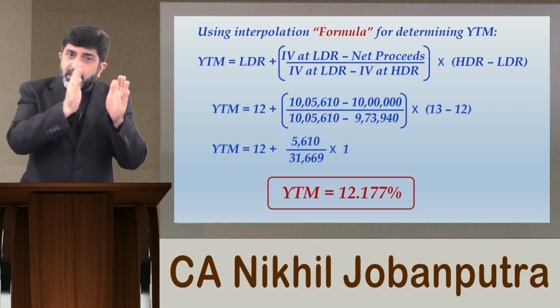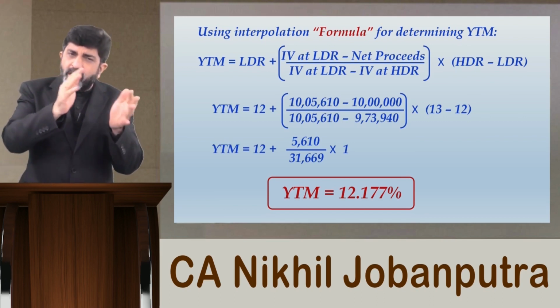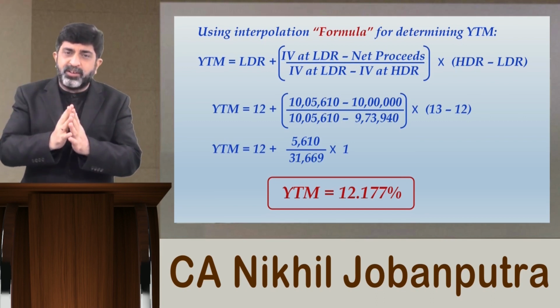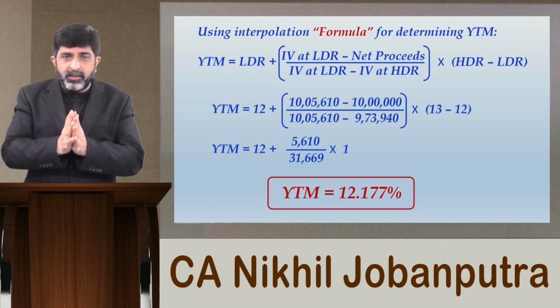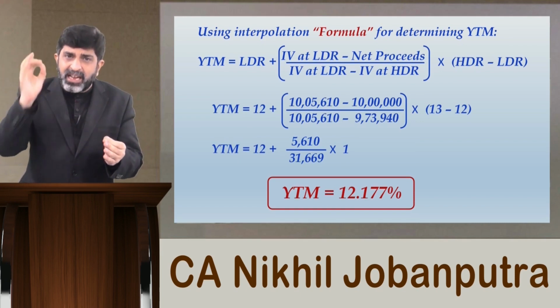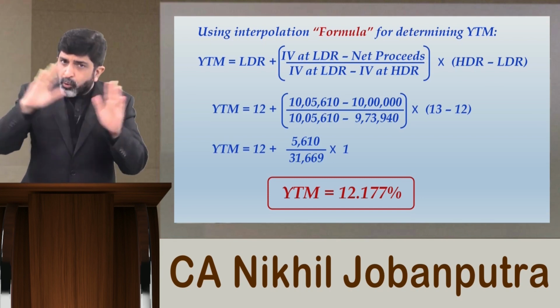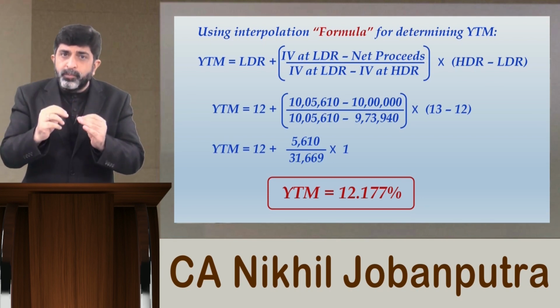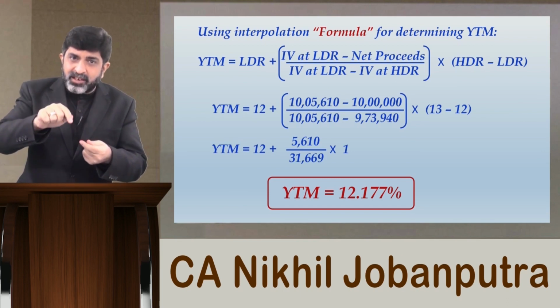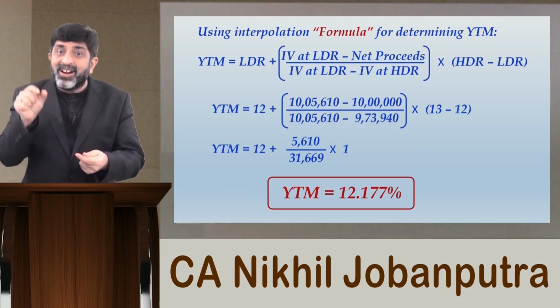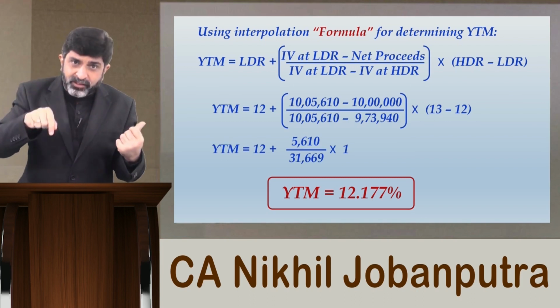Catch that calculation and you should get a hint that YTM will be near around 11.82%. However, it could be between 11 and 12%, or it could be between 12 and 13%, but definitely it won't go beyond that in most cases. In most cases means 99.9% cases it won't go beyond that. So we should not start our trial with 11%. We have instead started our trial over here with 12%.